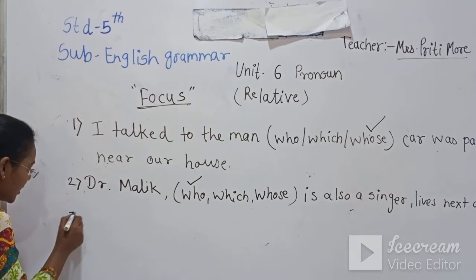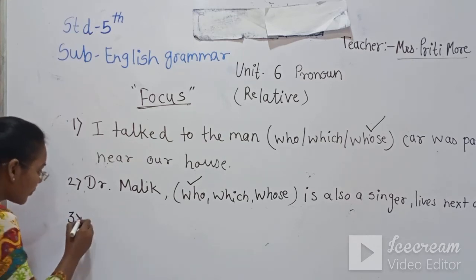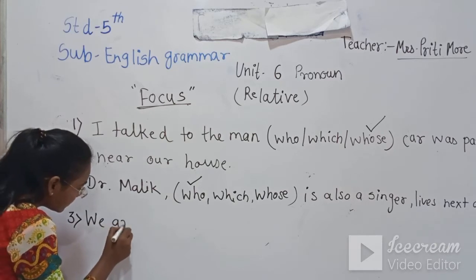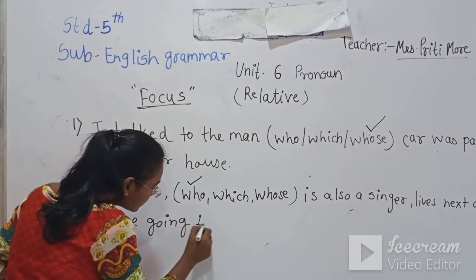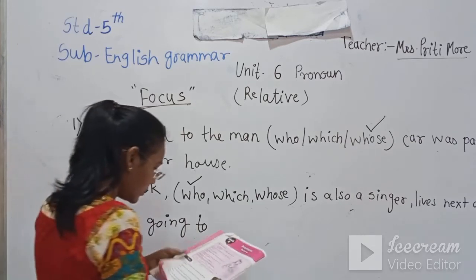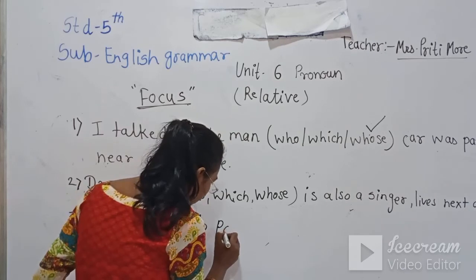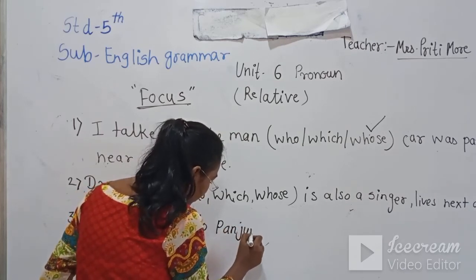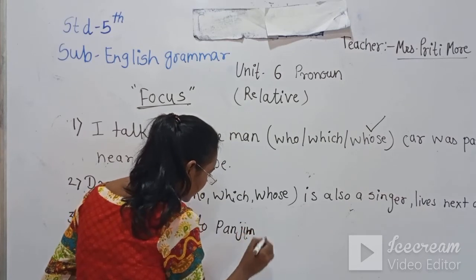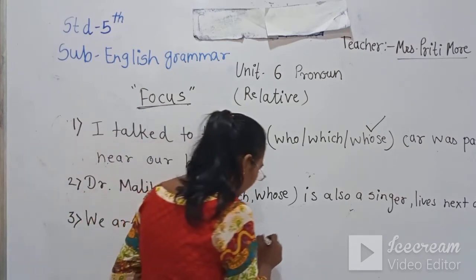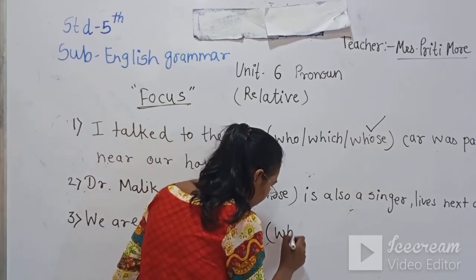Now the third one is: we are going to Panjim. In brackets: who, which, whom.